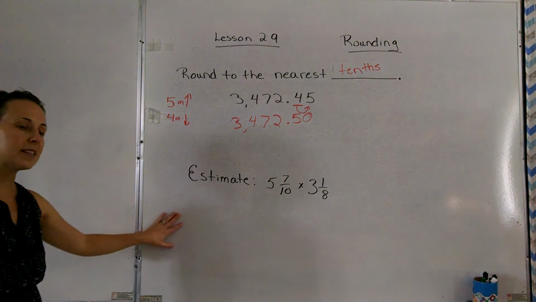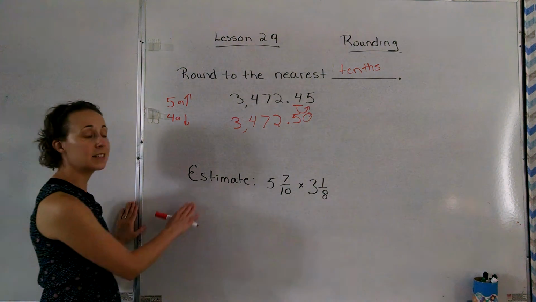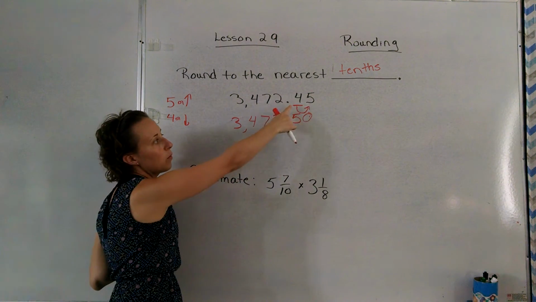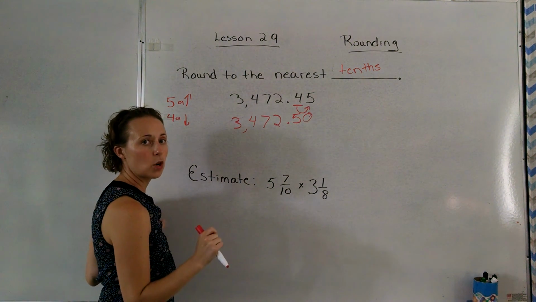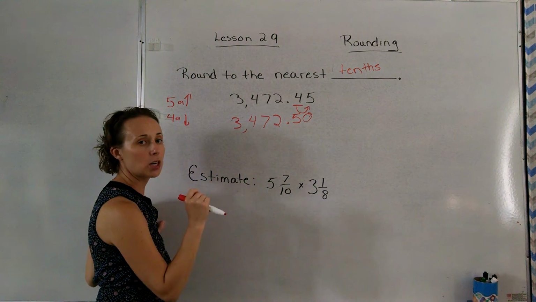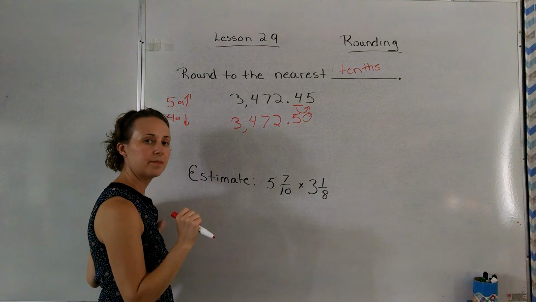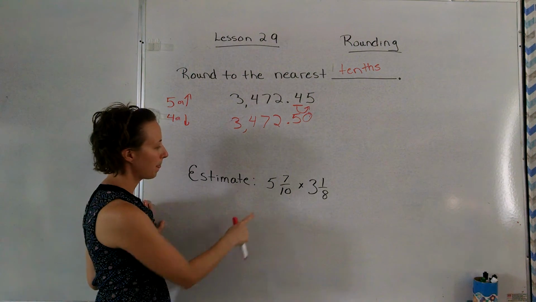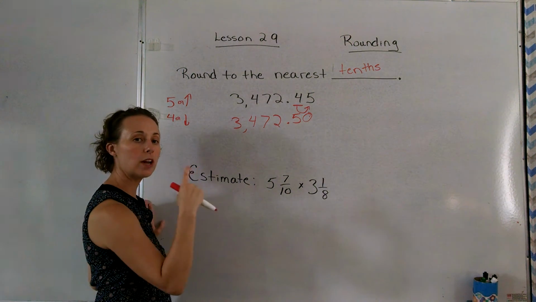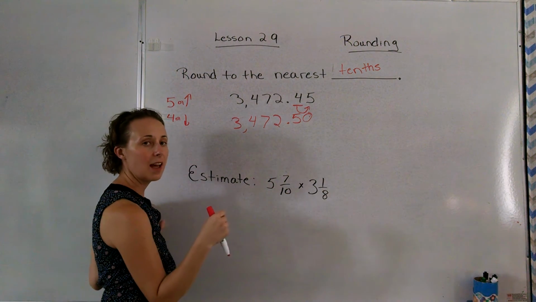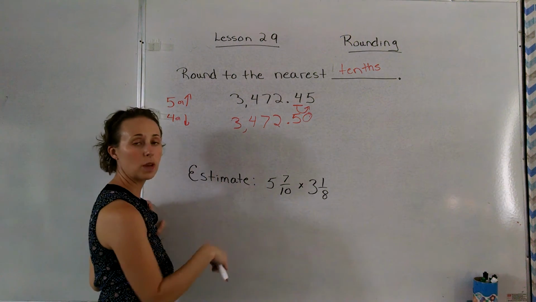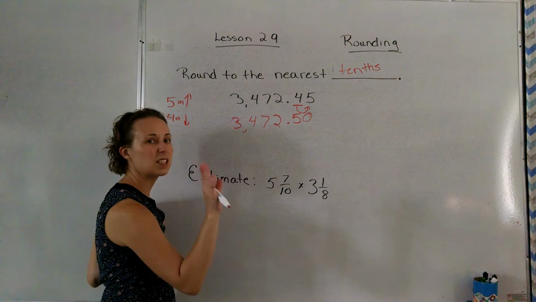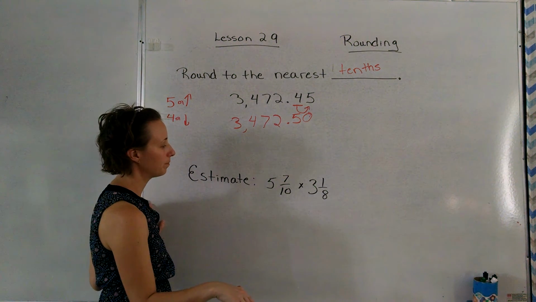Let's look down here. That same system can be used when you're asked to estimate, particularly with fractions. Here, what we're looking for when we look at the number next door is, is that next part halfway there? Is it halfway up to the next one and we should round up, or not yet? When you have fractions, you can look and see if the fraction part is halfway to the next whole number, in which case you can round up, or if the fraction piece is lower than half, and we can't.